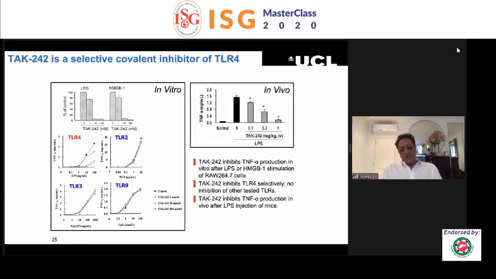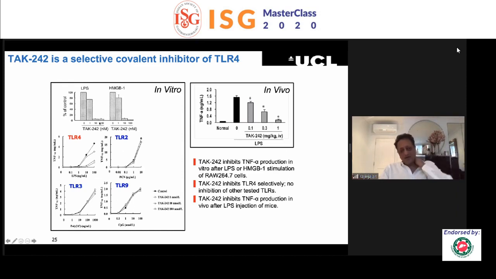And then we're looking for an inhibitor of toll-like receptor 4. Here we found something called TAK-242, which was developed by Takeda for the treatment of sepsis, and it failed. What it shows you here is a typical drug development slide.